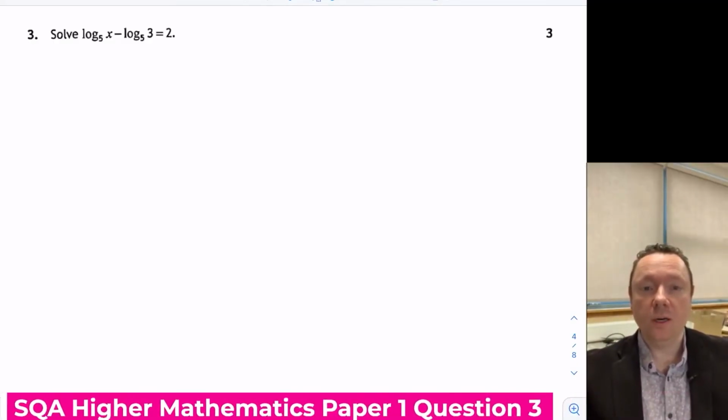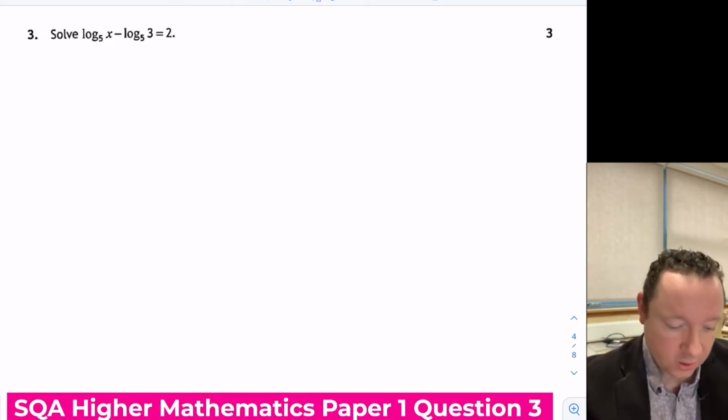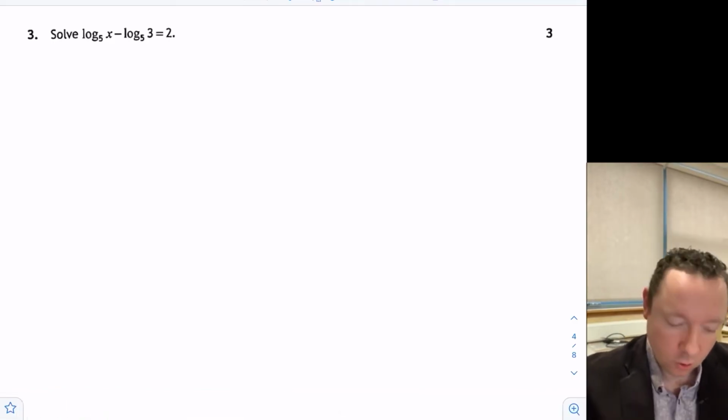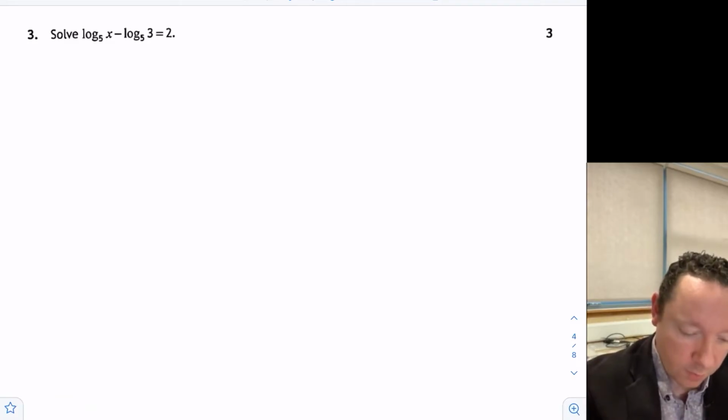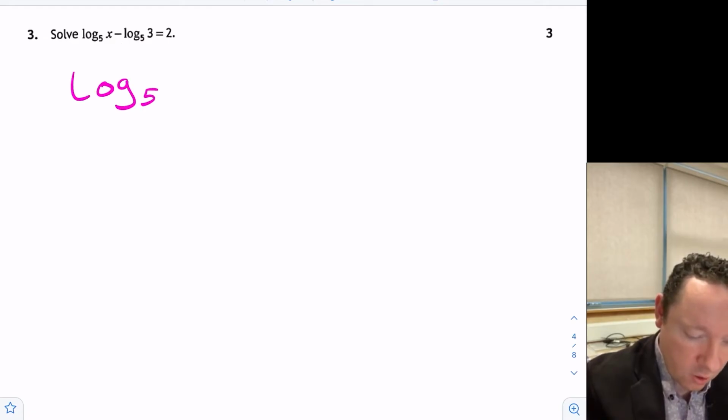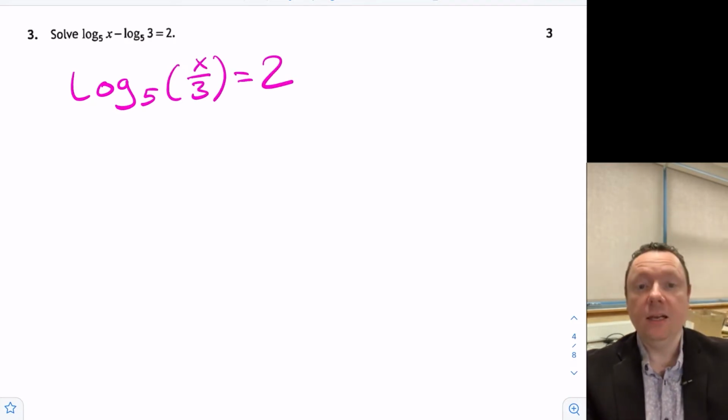SQA Higher Maths 2023, Paper 1, Question 3. Solve log base 5 of x minus log base 5 of 3 equals 2. So, rules of logs, if it's a minus with the same base, you can divide these together. So, in one step, we get log base 5 of x over 3 equals 2. And then you need to get rid of the log.